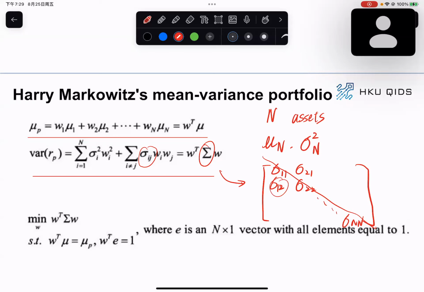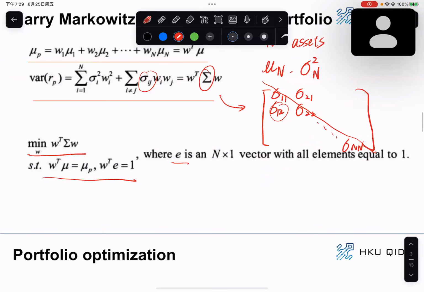We are just trying to minimize the variance, such that there are two conditions we need to maintain. One is that the mean is still the same, and also all the weights summed together should equal 1. The E here is just a notation for the common one vector.